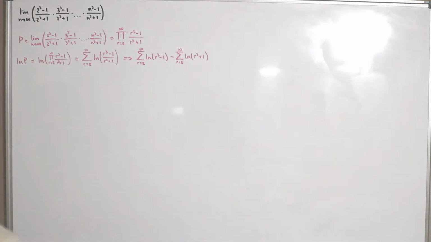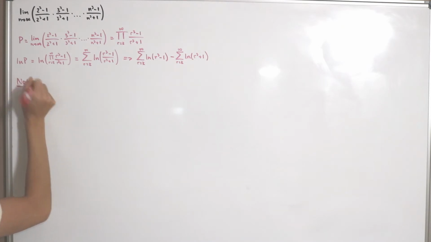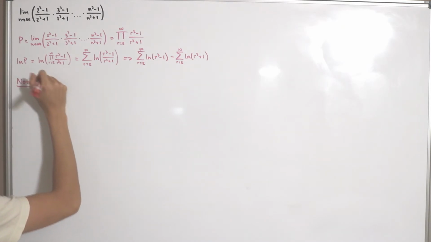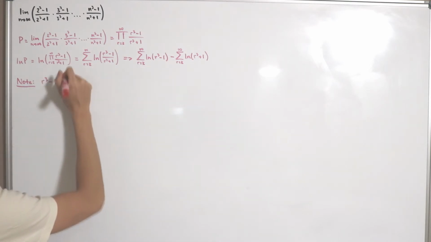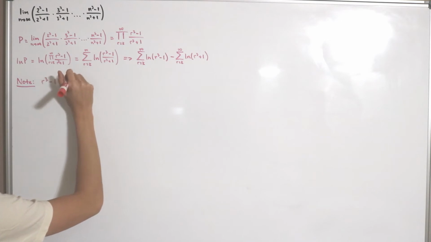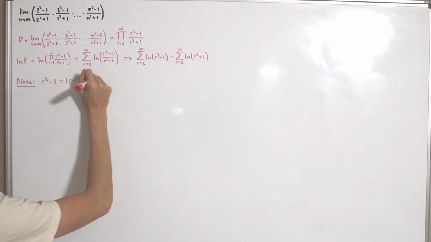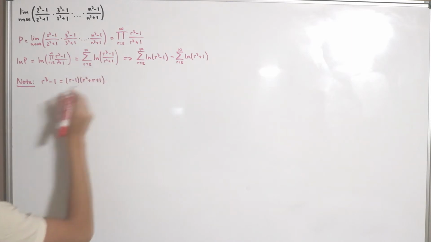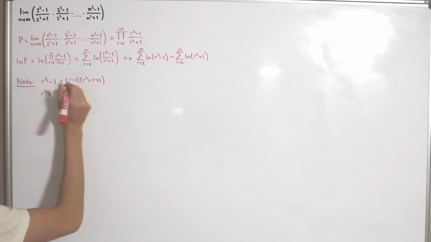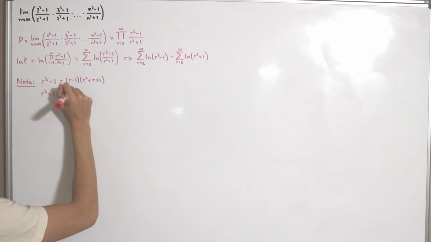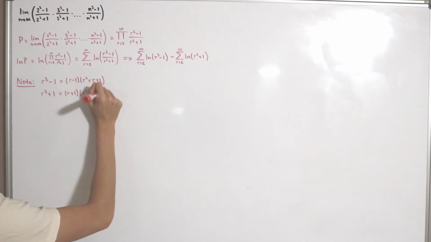All right, let's note something here. r cubed minus 1 can be factored into a product of polynomials, specifically (r minus 1) multiplied by (r squared plus r plus 1), and r cubed plus 1 can be rewritten as (r plus 1) multiplied by (r squared minus r plus 1).